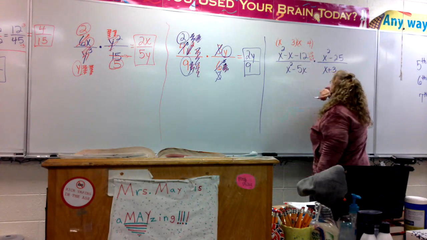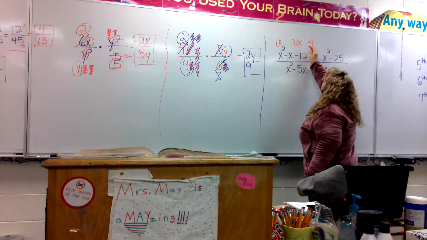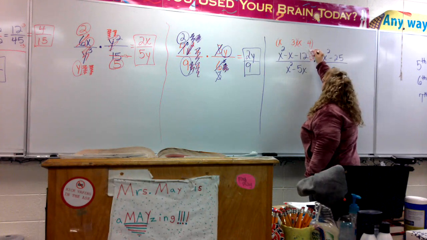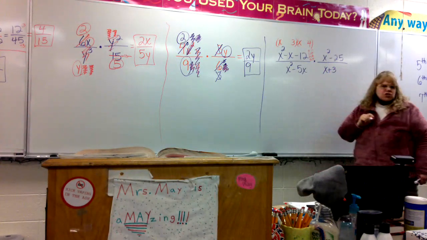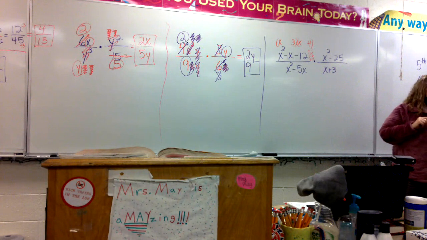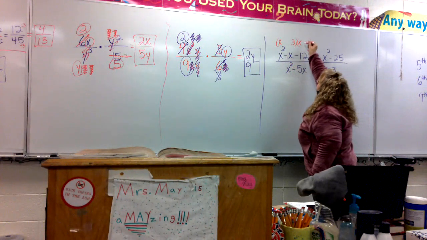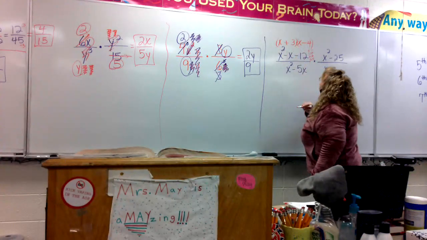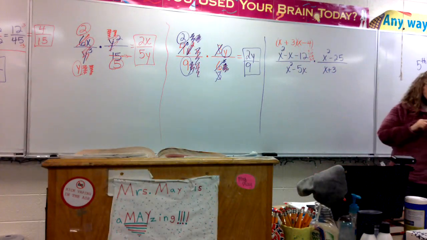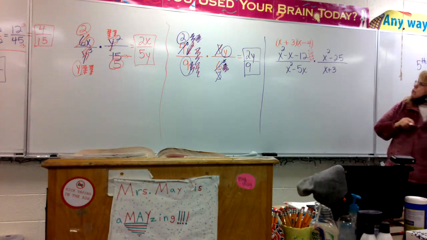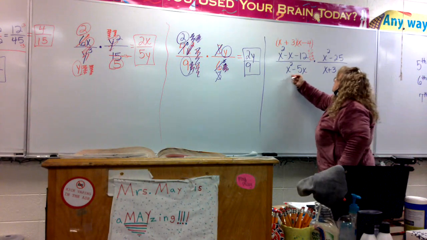Signs. It's negative. If we multiply these two and get a negative, that means we have to have one of each, right? The bigger one gets the negative, right? What about down here?